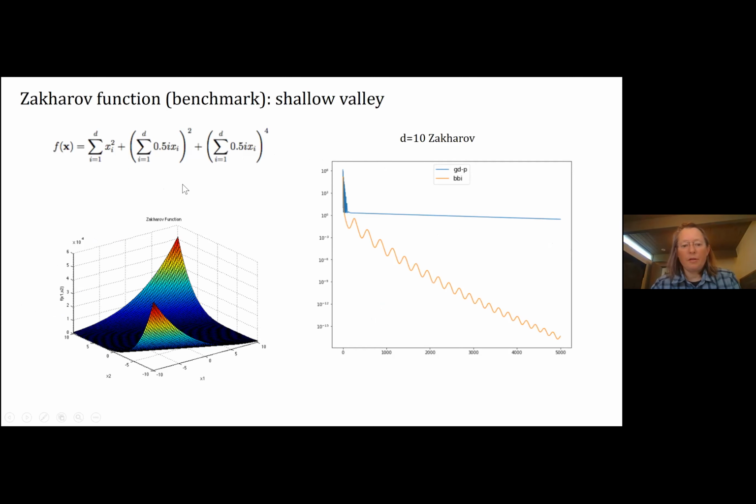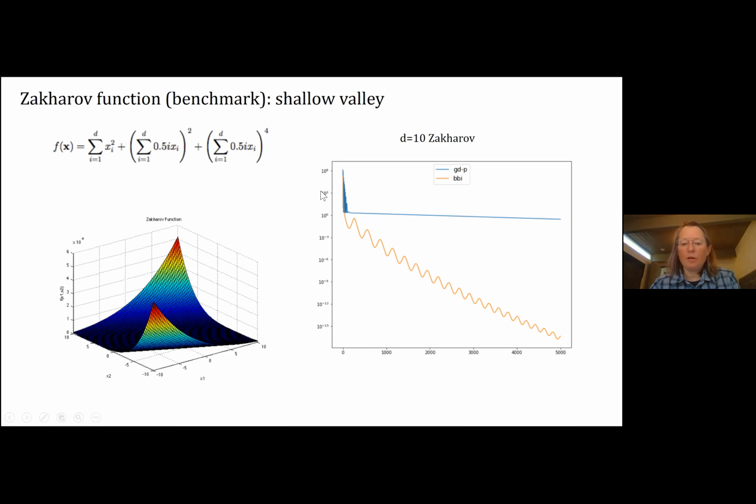Well, here's another fun small scale problem, a 10-dimensional Zakharov function with a small valley. And we find something with a shallow valley. In all these experiments, we hyper optimize both gradient descent with momentum and BI in what we think is a fair way. And in doing that, in this kind of shallow valley problem, we did find an advantage in this kind of small scale synthetic test function arena.